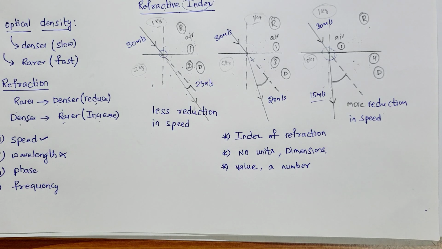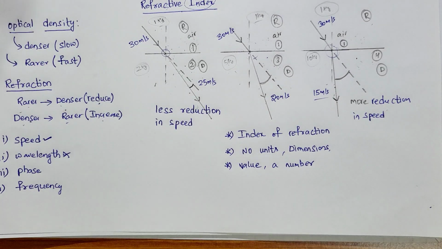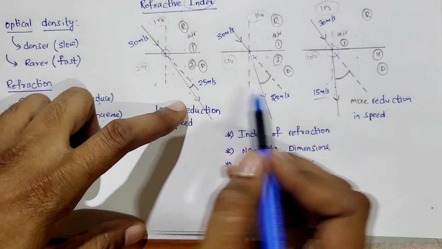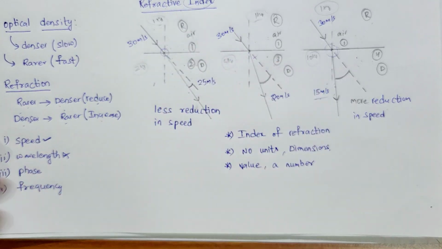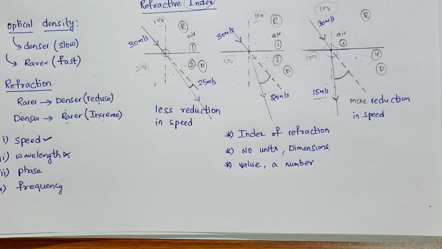We are going to measure it in terms of the speeds. More reduction in speed means more refraction, which means more refractive index. Are you getting my point or not? Very clearly I am saying.